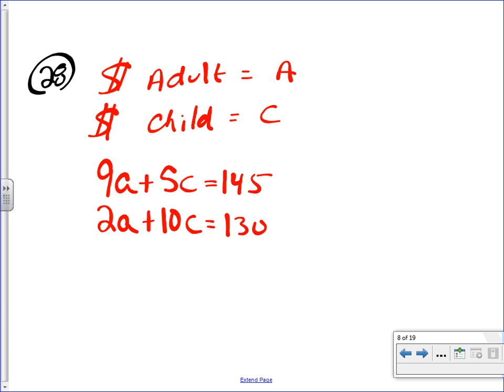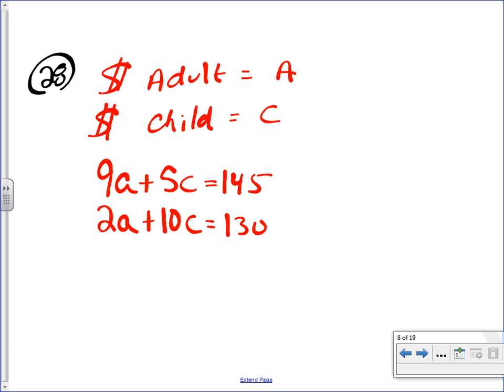Now at this point, you can use any method you want. There was a method I showed you guys on the calculator called matrix. Y'all remember that one? Let's try that one on this one here. Let's go to our calculator, and let's go to matrix, in blue. Then we went to edit.